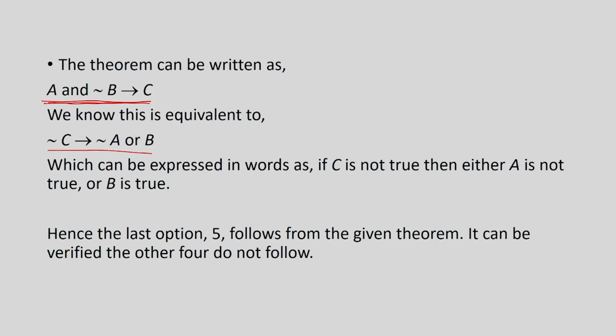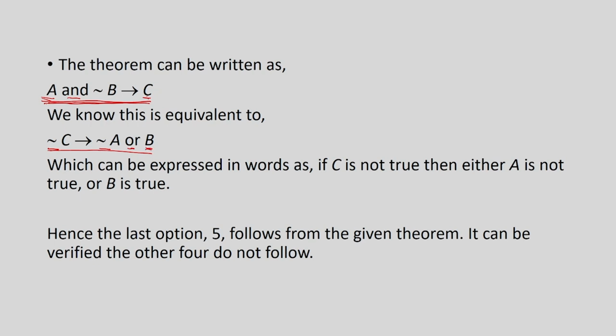So, try to understand how we are doing it. We are flipping it around, and the negative of this statement is not C, implies the negative of the first one, that is A was there, that becomes not A, and here there was an and operator, that becomes or, and not B becomes B, right.